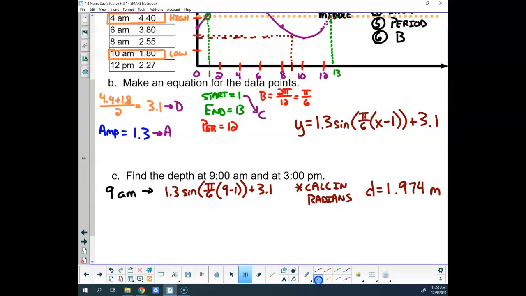Okay. Now at 3 p.m., that's actually going to be hour number 15. I have my lunch cup. Yep, I know. Okay. That's actually going to be hour 15. So we're going to plug in 15 there into our formula.